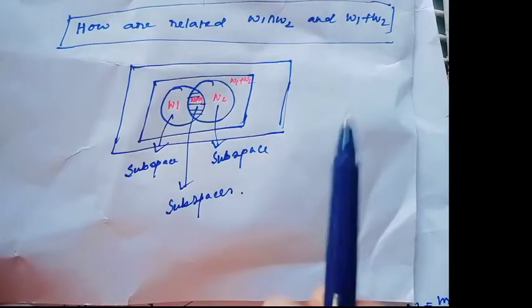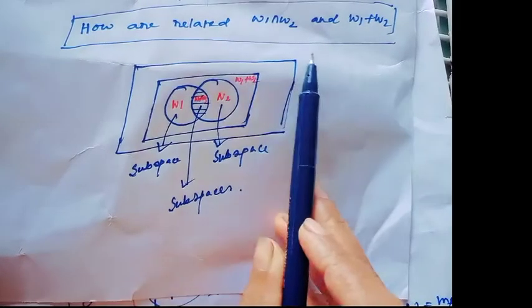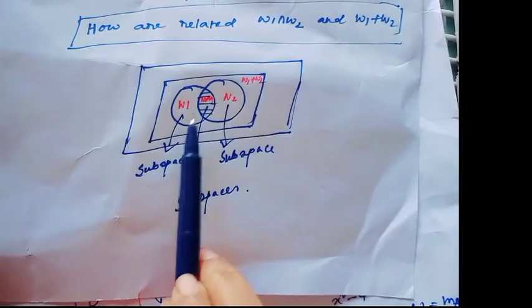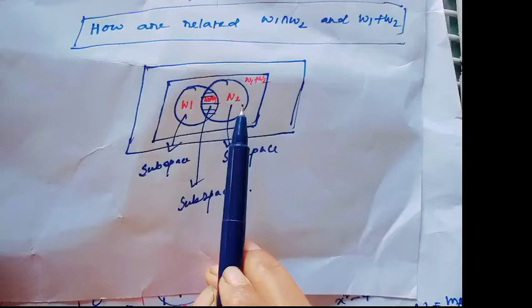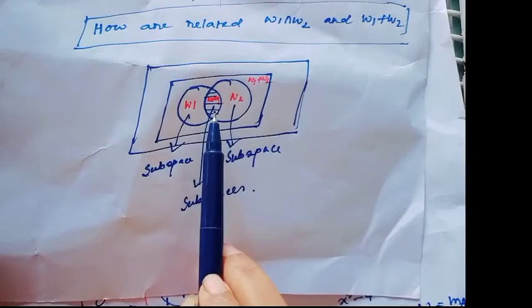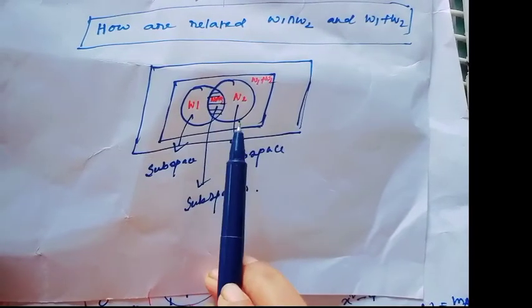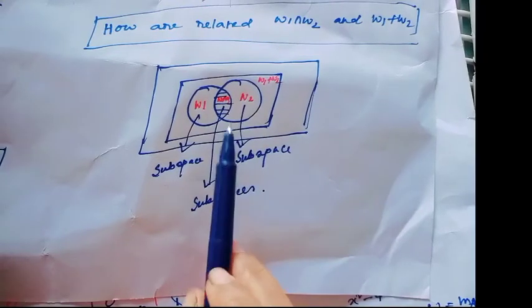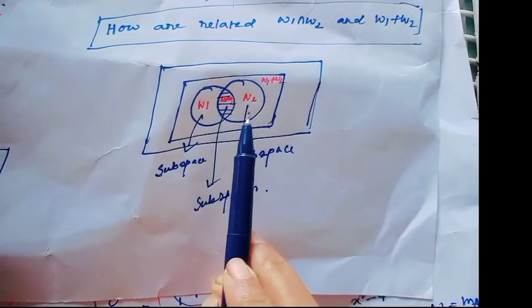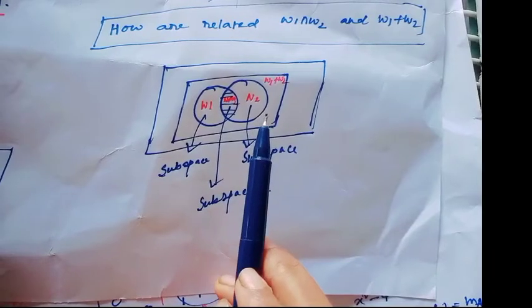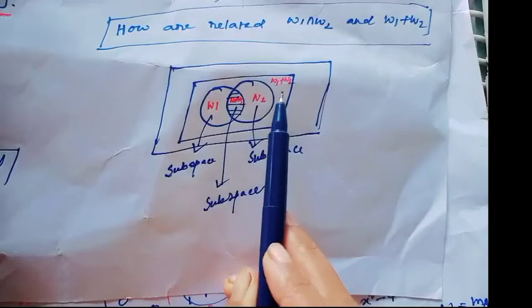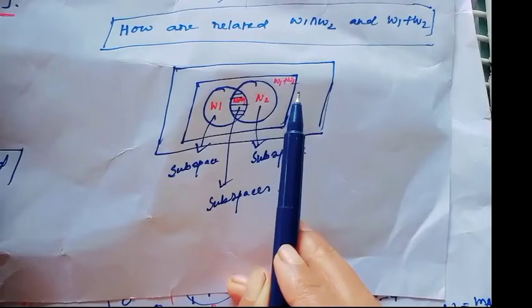And now I will see one picture related to W1 intersection W2 and W1 plus W2. This is the subspace W1, this is the subspace W2, and this is their intersection W1 intersection W2, which is contained in both W1 and W2, and this is the subspace W1 plus W2.